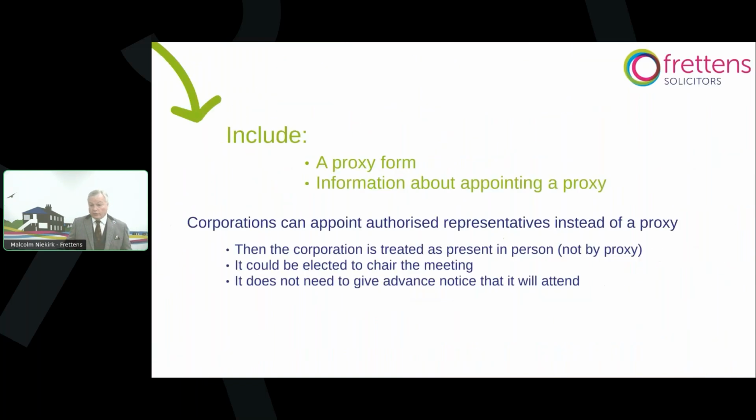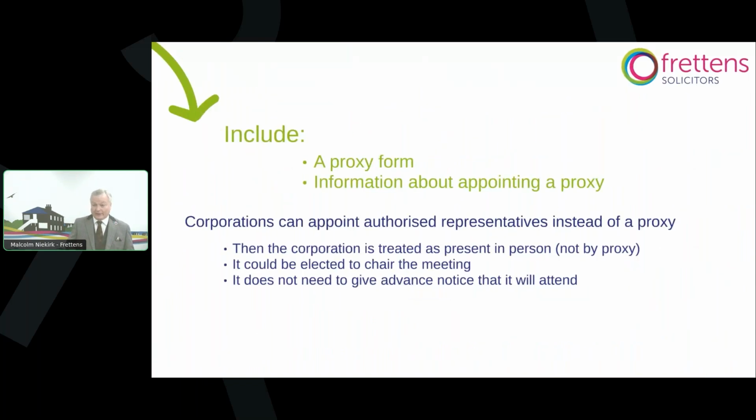You should send a proxy form and information about how to fill in and use a proxy form with the notice. And as with meetings of creditors, corporations have got an alternative way of being represented other than by using a proxy form. They can appoint a representative.